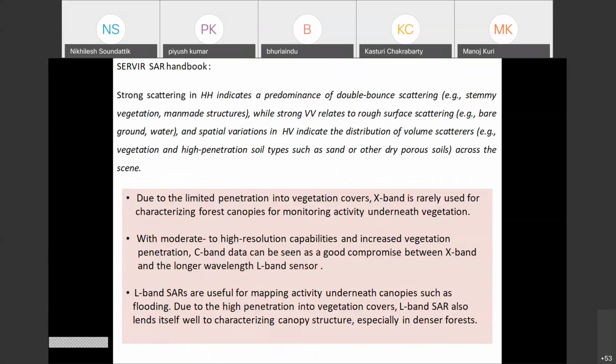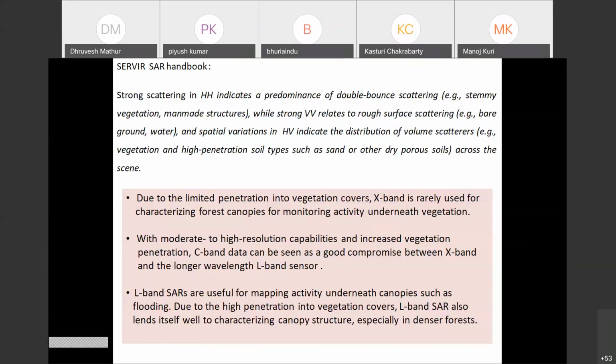So it says that HH indicates predominance of the double bounce, while VV is related to the surface scattering, and HV, as we know, is the volume scattering, and that's how it is important in the vegetation study. The HV component gives the volume component, and that's how it is important in biomass-based studies, forest biomass estimations.